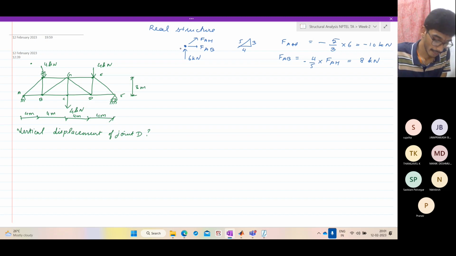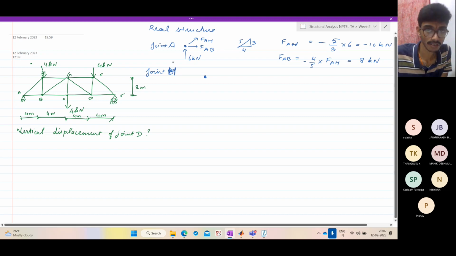Now let's go to point B. This is joint A. Let's go to joint B. What do we have? How many unknowns do we have? We have 3 unknowns, right? Yeah, so we can't solve it. Leave it. We'll go to point H.